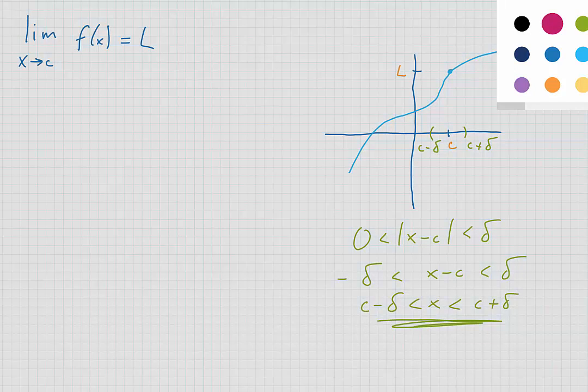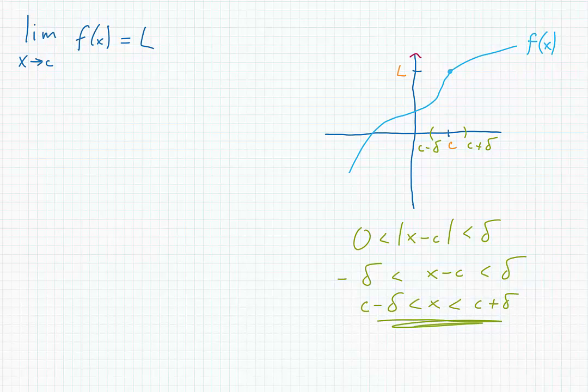So the absolute value of f of x minus L part really kind of says that we have a boundary up here, which is L plus epsilon, and a boundary down here, which is L minus epsilon. We have to pick our x's such that this is true. So picking an x such that this first statement is true, 0 is less than the absolute value of x minus c is less than delta, means we have to pick an x in this range.